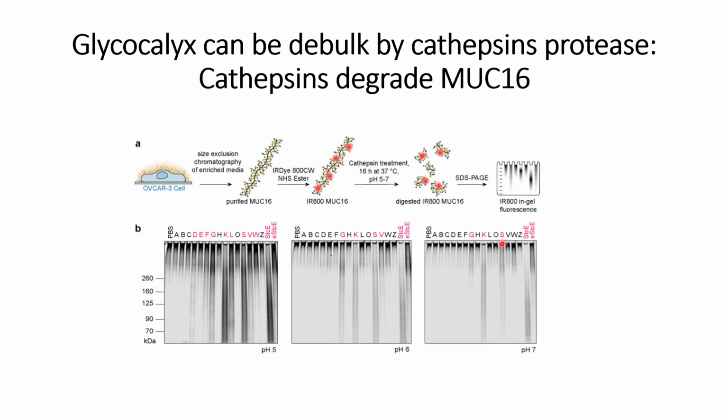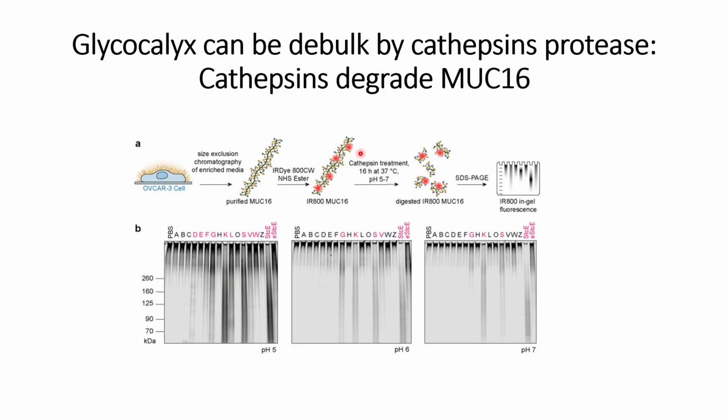So the trend we see is that as the pH increases, the protease activity goes down, indicating that at low pH, or in acidic conditions, the cathepsin protease can cleave MUC16, and it could be a potential candidate to study further for its activity to cleave MUC16 in the actual TME environment, or in actual biological conditions.